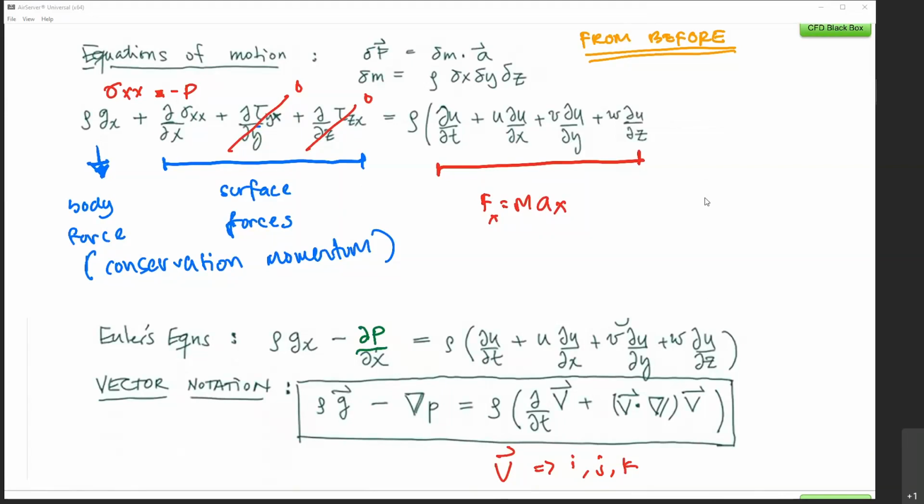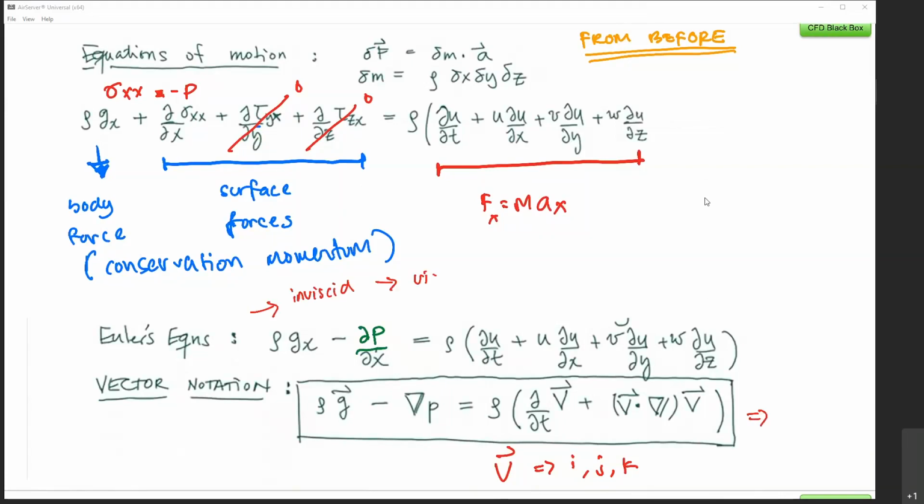Okay, so we looked at how the Euler equations are derived, basically how we arrive at this vector notation for the Euler equations. Just to recap again, for Euler, remember that we assume the flow to be inviscid. What does it mean?